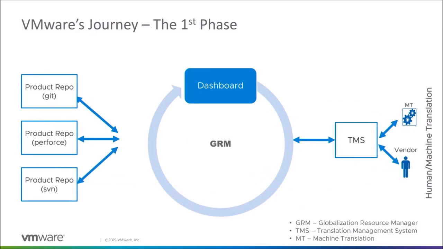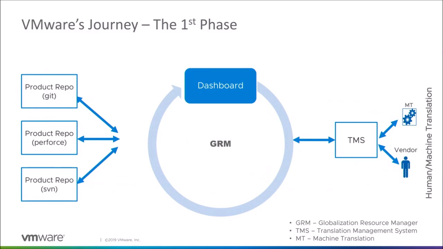So before we came in, the next step was to have some scripts to automate it, grabbing files from the product repositories. So that started with the beginning of the GRM system, which we call the Globalization Resource Manager.